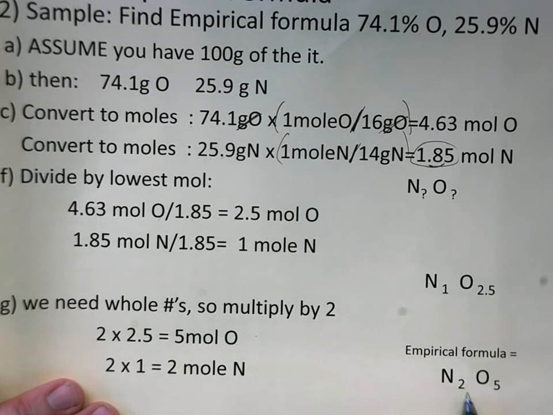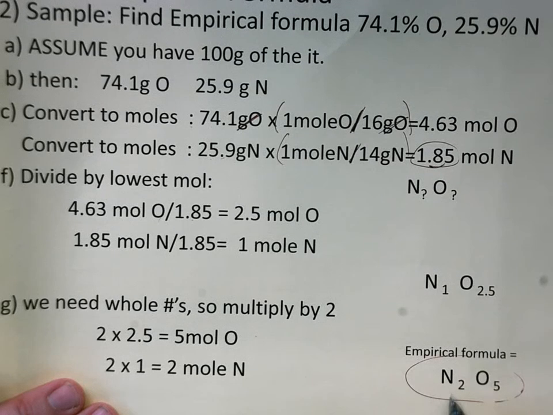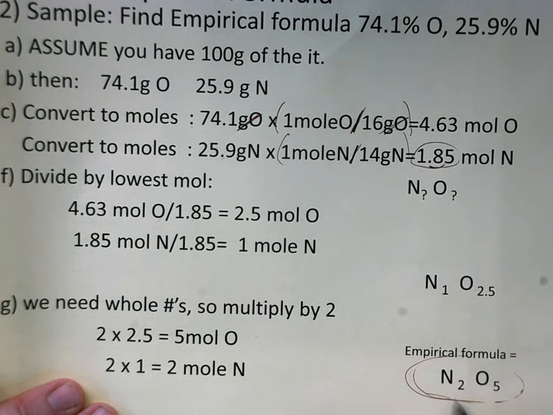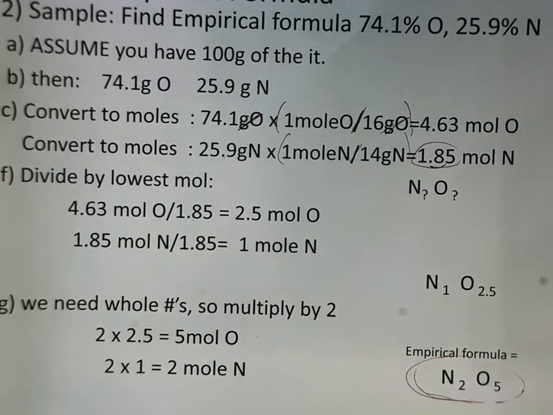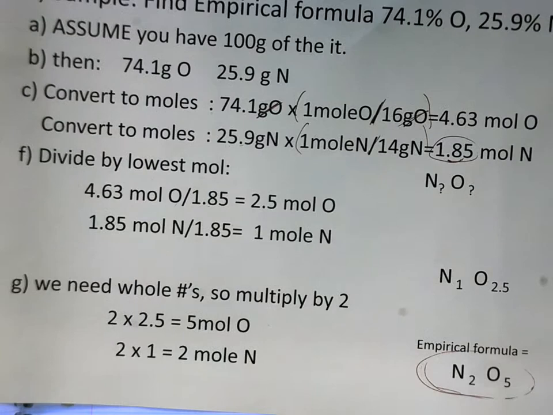The empirical formula for this problem would end up being N2O5. In the real world, maybe this compound is N4O10, but the empirical formula ends up being this. So there's how you do empirical formulas, and we've got review sheets for you to get working on.